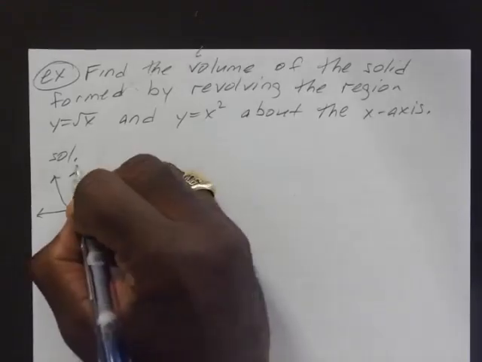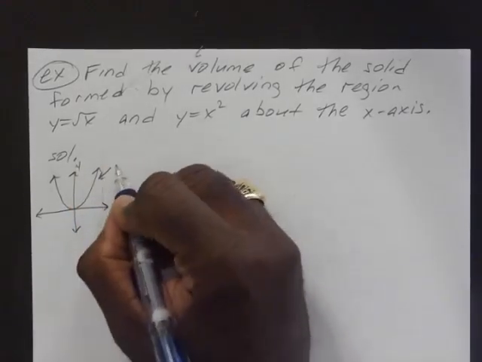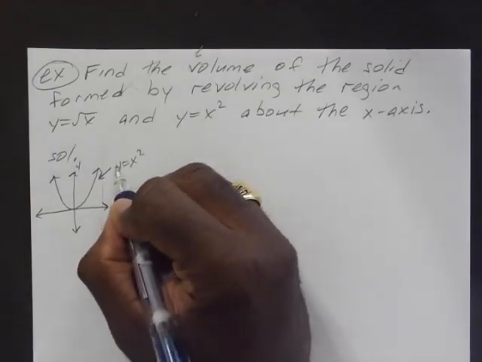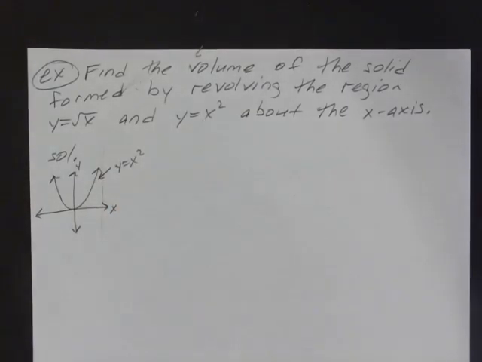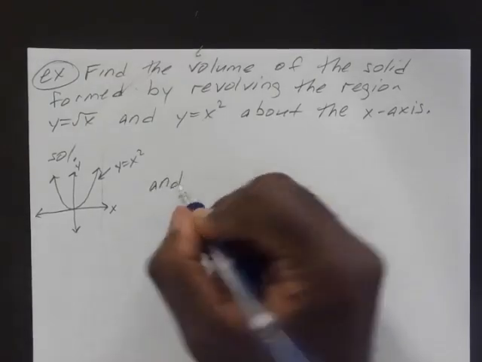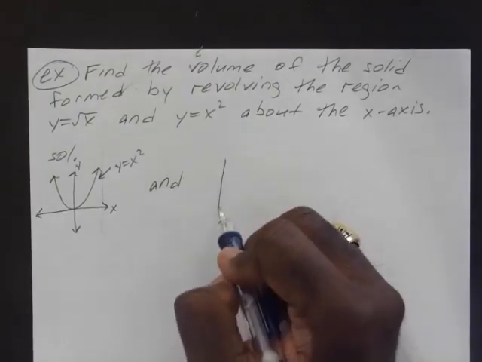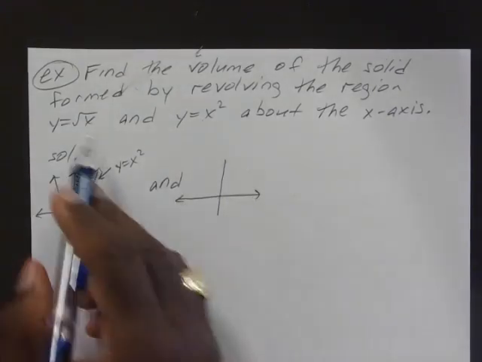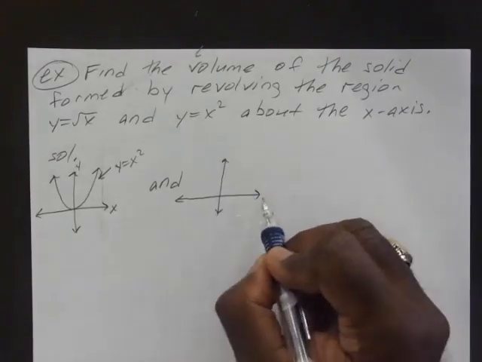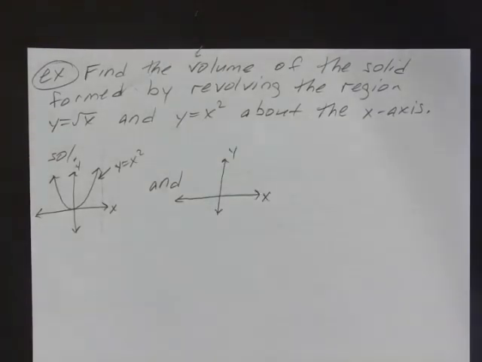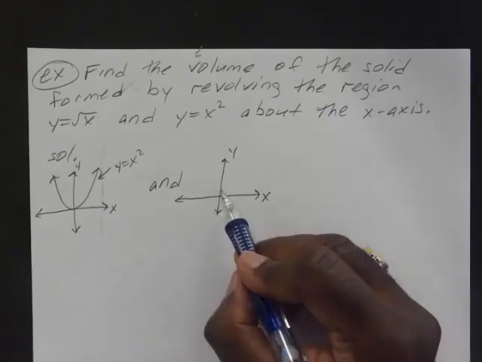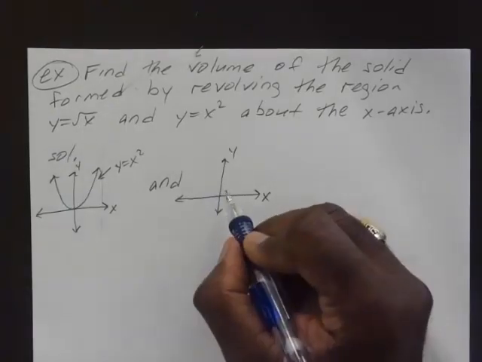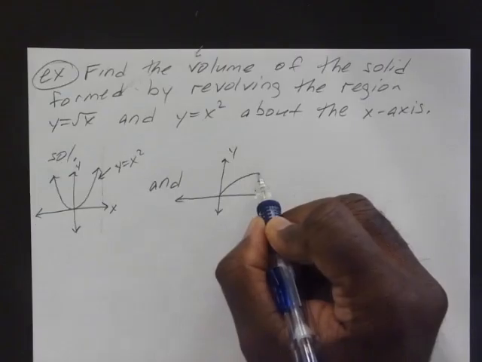So we have our x and our y, and this is y equals x squared. It's kind of one of our common graphs. And if we take the graph on our x and y axis, the graph of square root of x kind of looks like that, give or take.